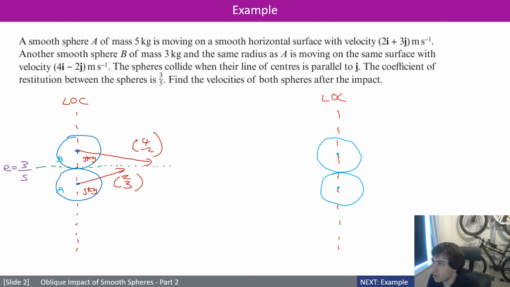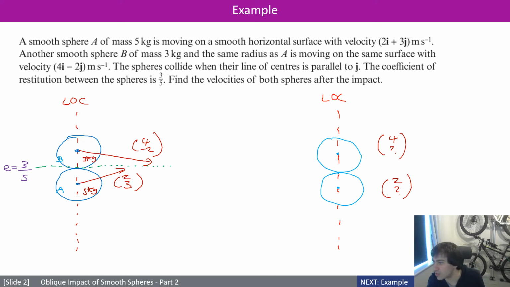So the velocity of this first one is going to be 4 for something, because the horizontal direction is the one we know stays the same. And likewise here it will be 2 for something is the velocity of that one.